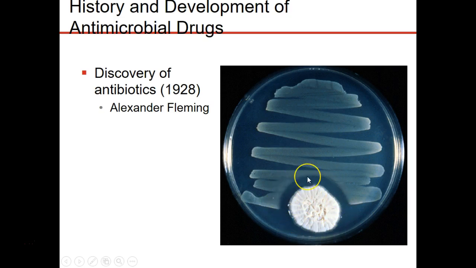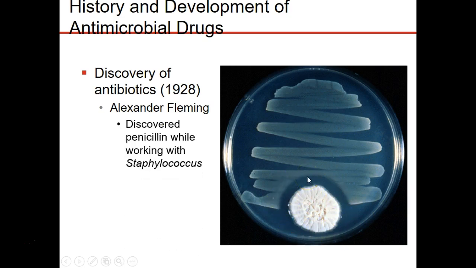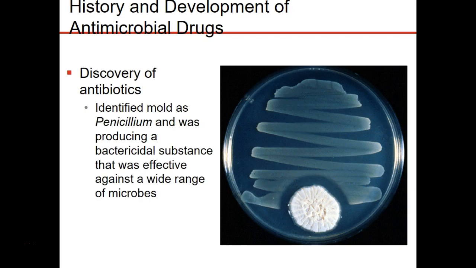And so he then identified the fungus as penicillium. The penicillium had bactericidal agents, and he found out that this penicillin is actually very effective on a wide variety of mainly gram-positive microbes. And the reason for this, and we know this now, is that penicillin inhibits peptidoglycan synthesis.